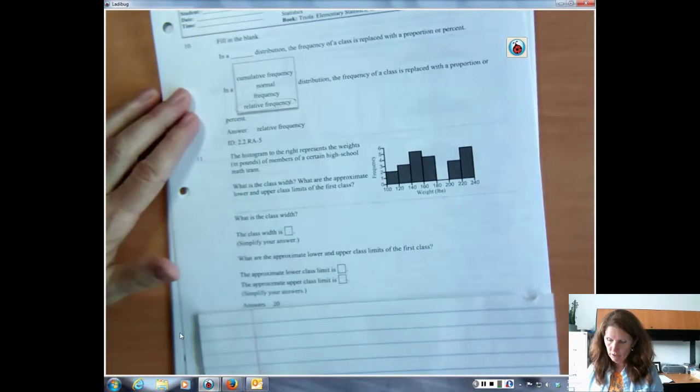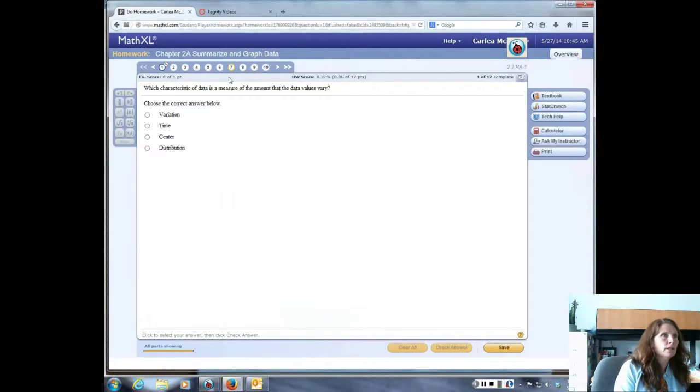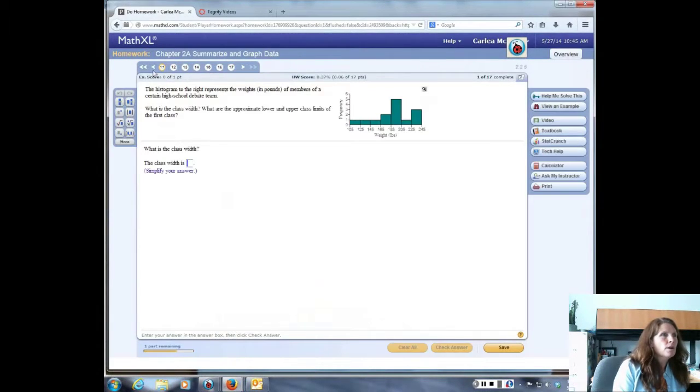Okay, all right, now we have this one. Let's jump and look at number 11 on the computer. The histogram to the right represents the weight in pounds of members of a certain high school debate team. What is the class width and what are the approximate lower and upper class limits of the first class?